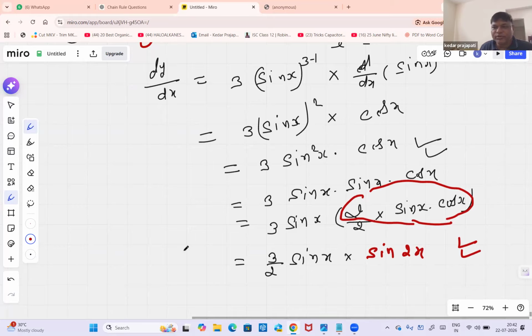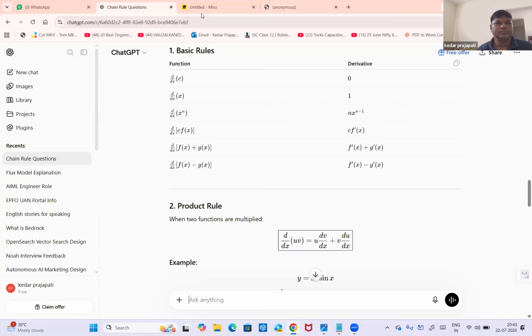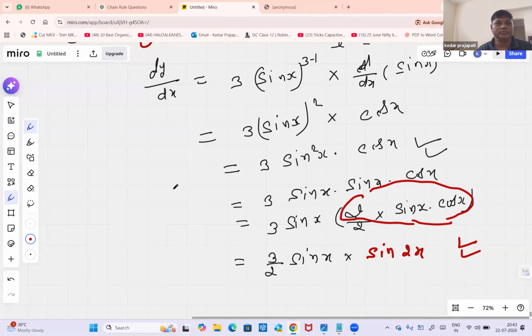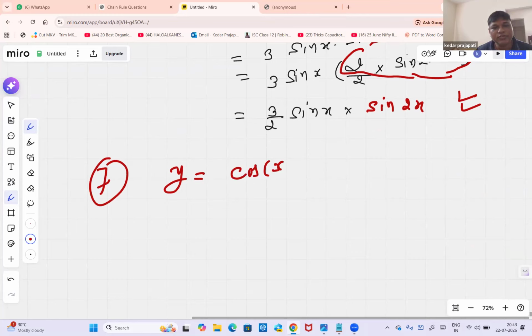Chain rule, able to understand? Fine. Now they have given y equal to cos x cube.